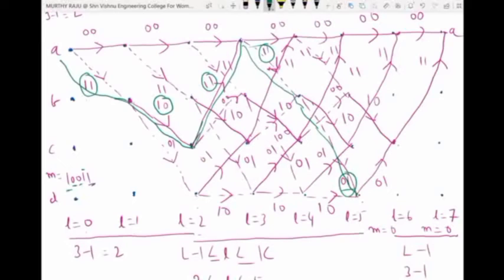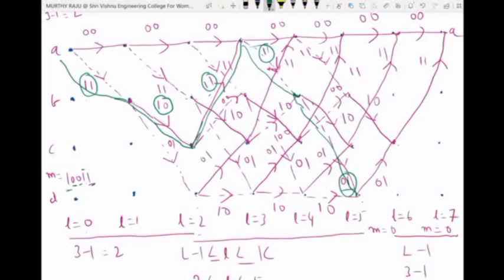C to A. Output is 1 1. Next input bit is 1. Input bit is 1 means dashed line, with output 1 1, and goes to this point here.